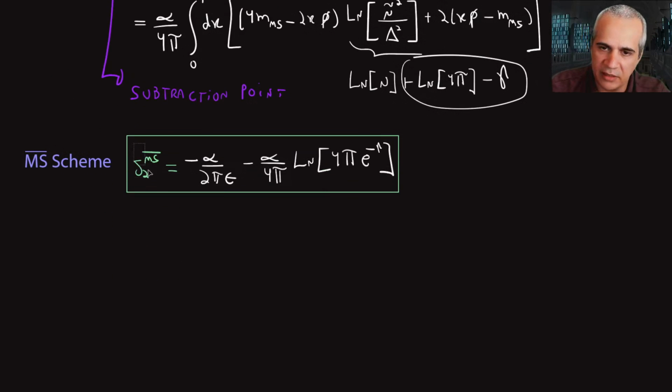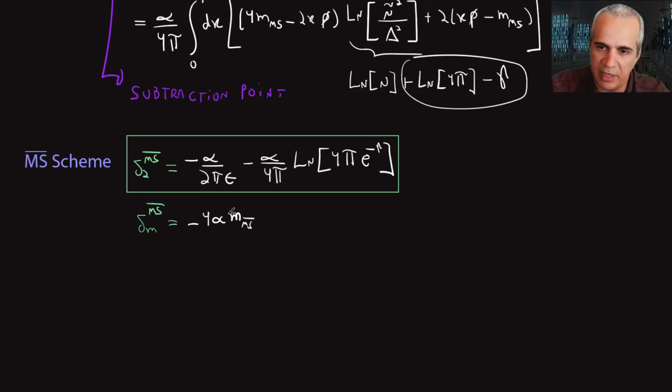And in this case, same thing for delta m, right? So the delta m in the MS bar scheme will be the same thing I had before for alpha m MS bar.